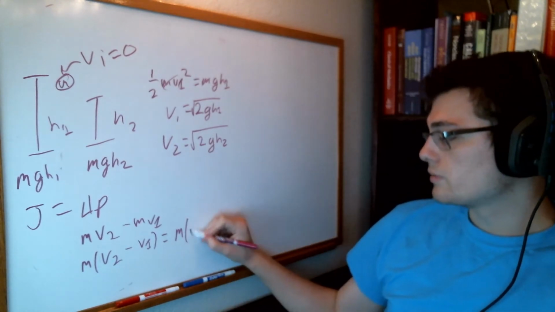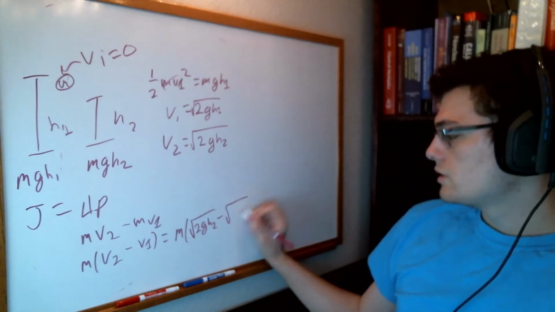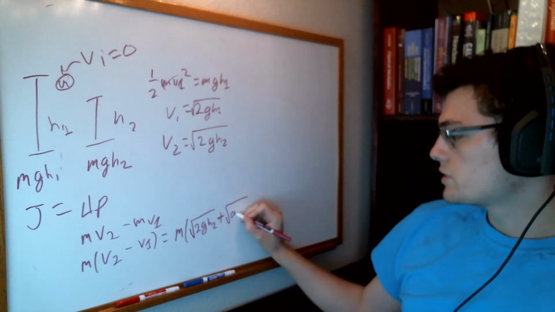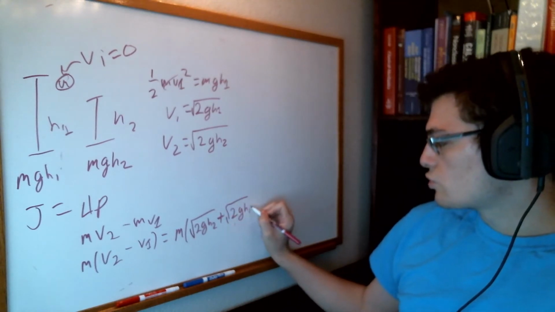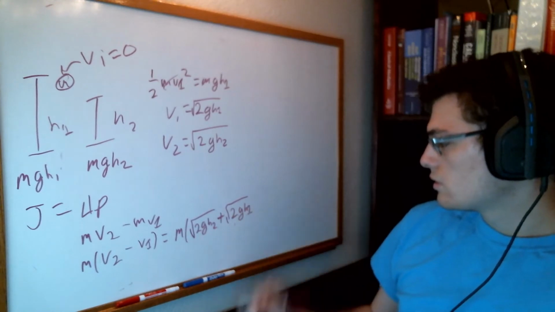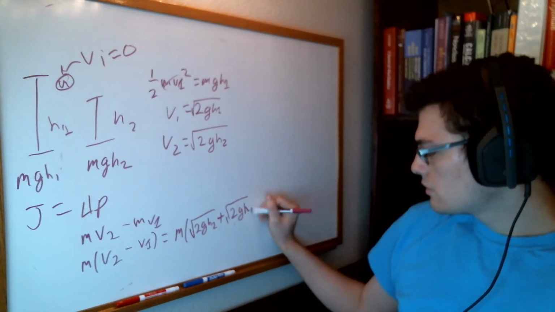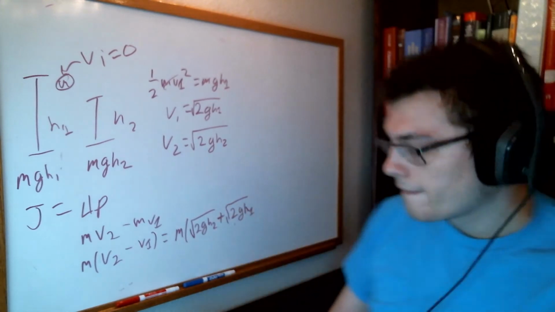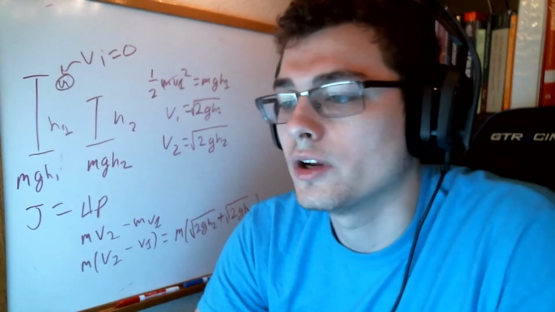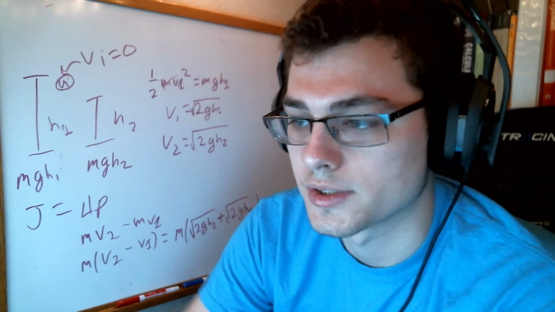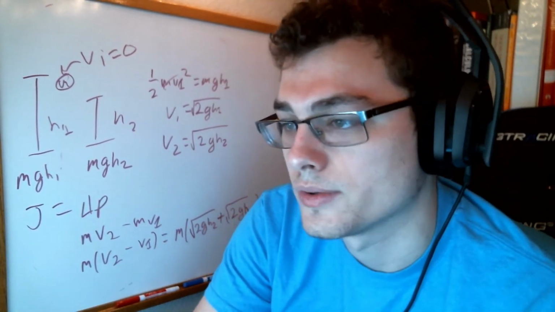So then this is going to be the square root of 2gh2 minus, so this is going to be a plus, the square root of 2gh1. And then from here, we have the heights. We know what g is, and 2 is just a coefficient, and we have the mass of the ball. So this will give you your impulse.